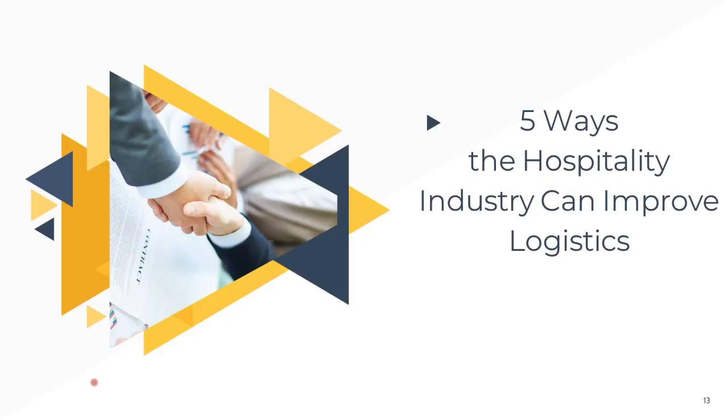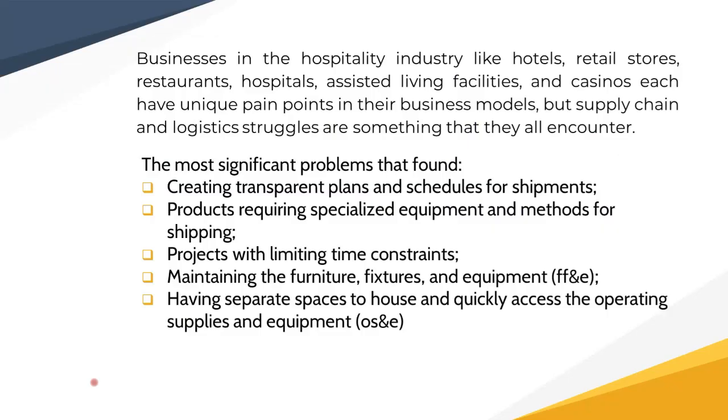So, 5 ways the hospitality industry can improve logistics. So, this is just an article that is being produced. Sinasabi dito that the most significant problems found with regards to the logistics of hospitality industry is yung mga shipments, 'di ba? With regards sa mga specialized equipments and methods.